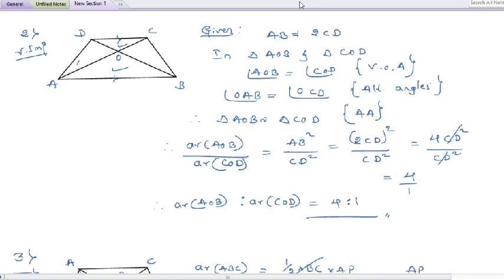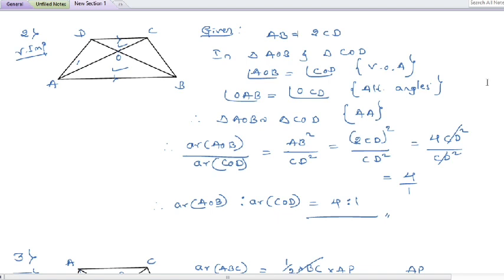So, by using given things, we can write AB is equal to 2 times of CD. In triangle AOB and triangle COD, angle AOB is equal to angle COD because vertically opposite angles. Then angle OAB is equal to angle OCD, alternate angles. Therefore, from these two we can write triangle AOB is similar to triangle COD according to AA criteria.